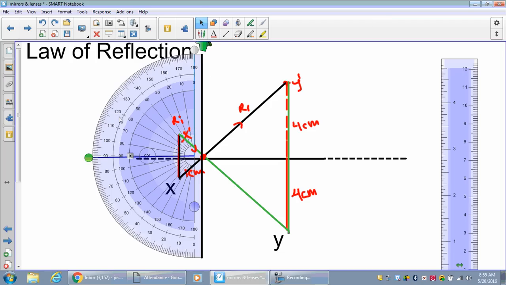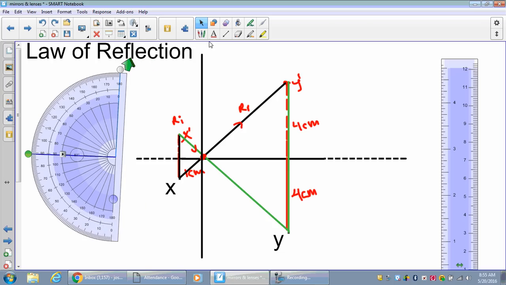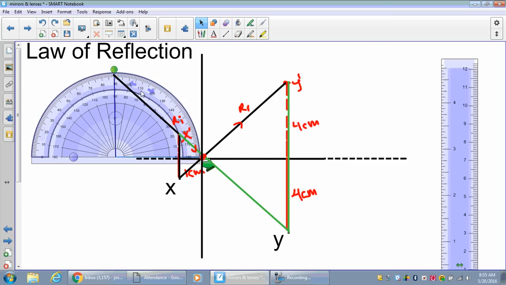And if you need to, you can extend this line a little bit, because my protractor is not able to reach both sides of the ray. It's not going to work too well. So you can extend the lines, a little cheat move, but it's really just a geometry thing.